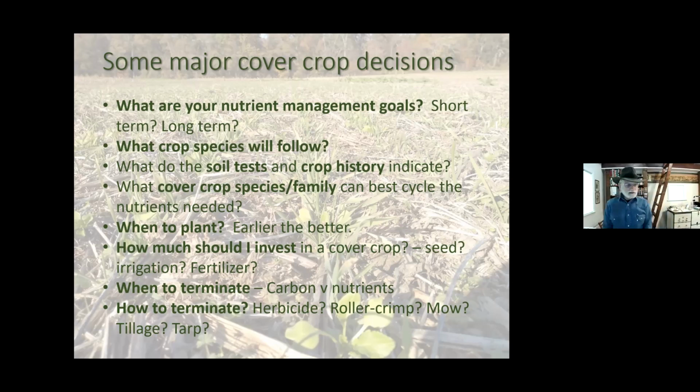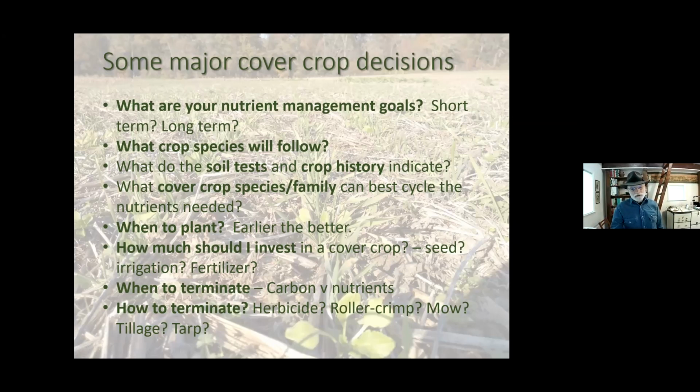My good friend Steve Groff up in Pennsylvania, one of the cover crop gurus of the world, always says that cover crops should be treated like a cash crop. So you might want to make an investment. If you want them to perform, you're going to have to get good seed. You might want to irrigate it if you have irrigation in a dry fall. You might even want to fertilize the cover crop if necessary. There may be some situations in which that would pay back, and we're looking into that.